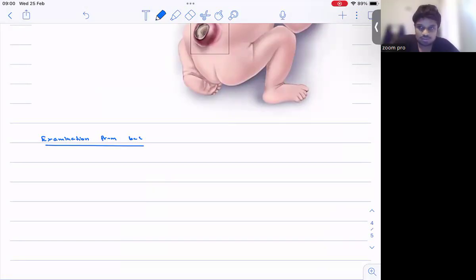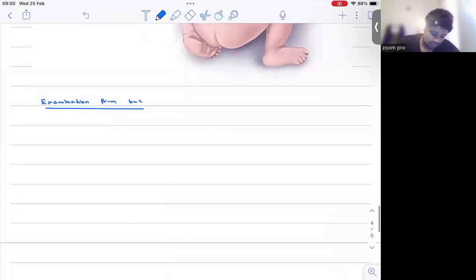Here you can follow the normal sequence: inspection and palpation. There's no percussion or auscultation here. In inspection, you should look for the site first. Where is the defect? Whether it's the lumbosacral region, lumbar region, or thoracic region.